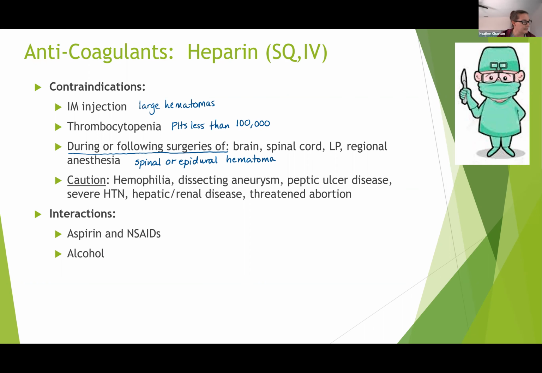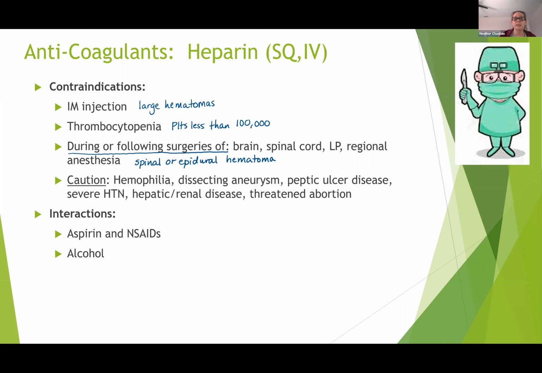If they have a dissecting aneurysm, peptic ulcer disease, severe hypertension, hepatic or renal disease, because remember that the liver makes these factors, right? So if we have a problem with our liver, that means we're going to have a problem making those factors. So any kind of hepatic disease is a big problem. Renal, what are your kidneys responsible for?